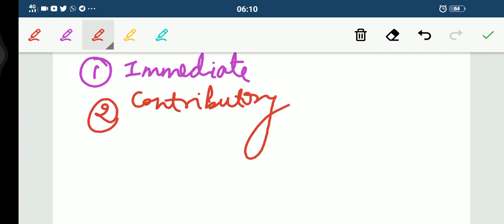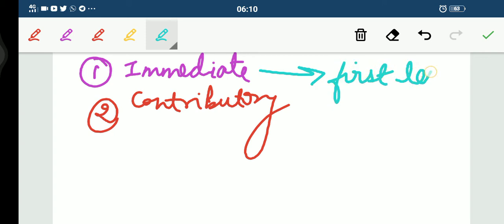These are the real or primary causes, or we can also call them the first level of cause. Various microorganisms like bacteria, viruses, fungi, protozoans, etc. can cause infectious diseases, and they are all included in this very category, that is the first level of cause.